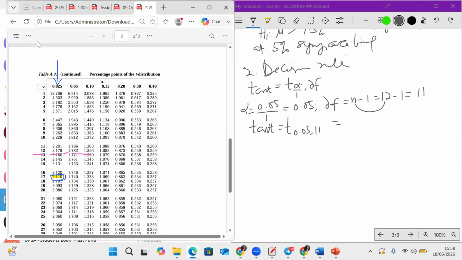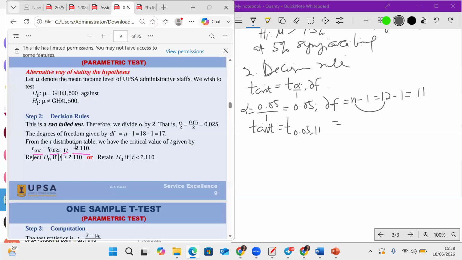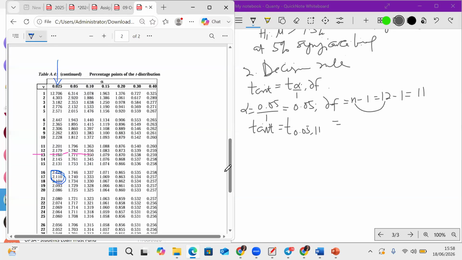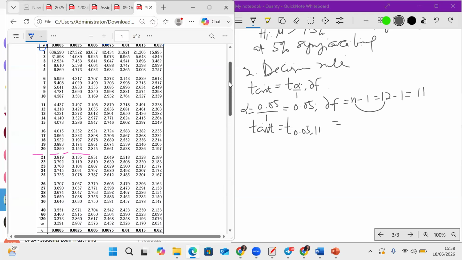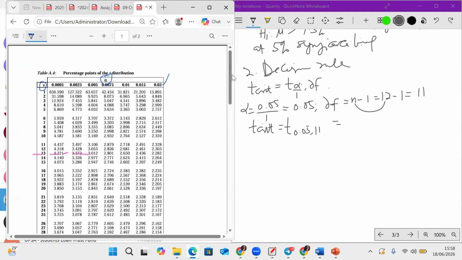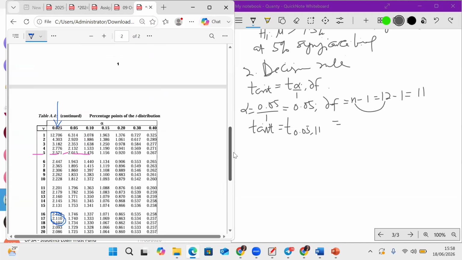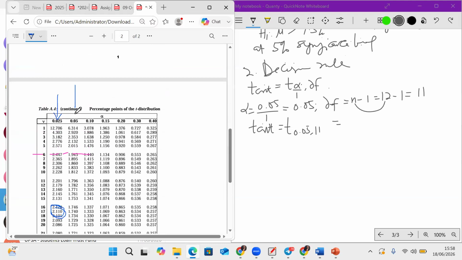So that's how they got that value. So this is it here, the 2.110. The same thing here, we have 0.05 and we need a degree of freedom of 11. So we go to 0.05. Okay, it's here, 0.05.